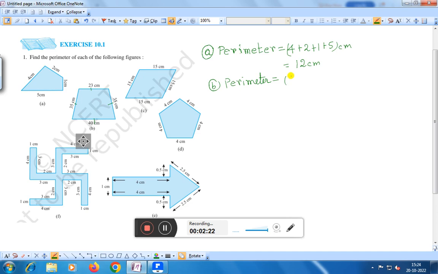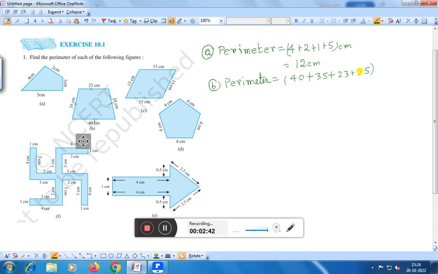Therefore it is equal to 40 centimeter plus 35 centimeter plus 35 centimeter plus 23 centimeter plus 35 centimeter.